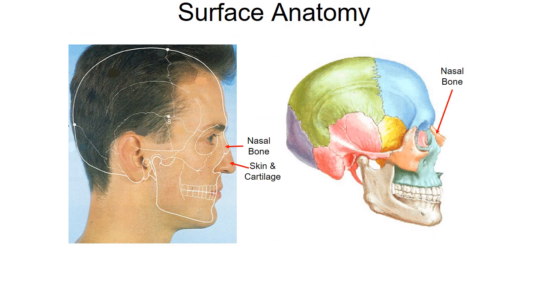From the side, again, get a better view of the skeleton of the nose, or the composition of the nose, and it's the upper part of the nose right here that's an underlying nasal bone, as well as a portion of the maxilla is making a contribution as well. But most of the nose here, the lower part of the nose, is mostly just skin and cartilage.